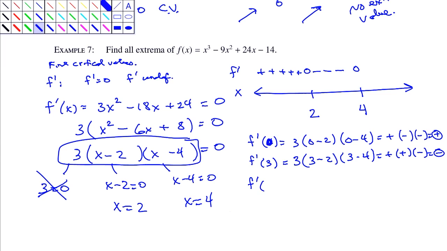And then we will test it at 5. 3 times 5 minus 2 times 5 minus 4. That is a positive times a positive times a positive. That is a positive.